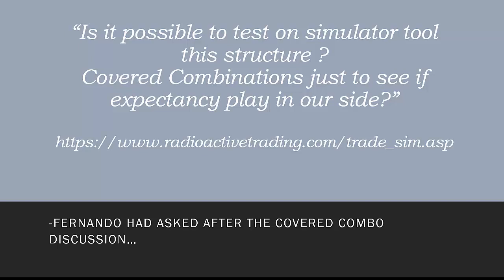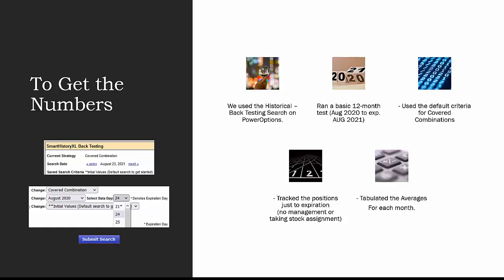Now, I didn't answer that question directly when Fernando asked because, honestly, I didn't have all the right numbers, and I didn't want to go through an exercise without the proper numbers. So to get the numbers, we used the backtesting tools on PowerOptions, the Smart History Excel tool. We went into covered combinations, and we ran a basic 12-month test from August 2020 to expiration in August 2021.